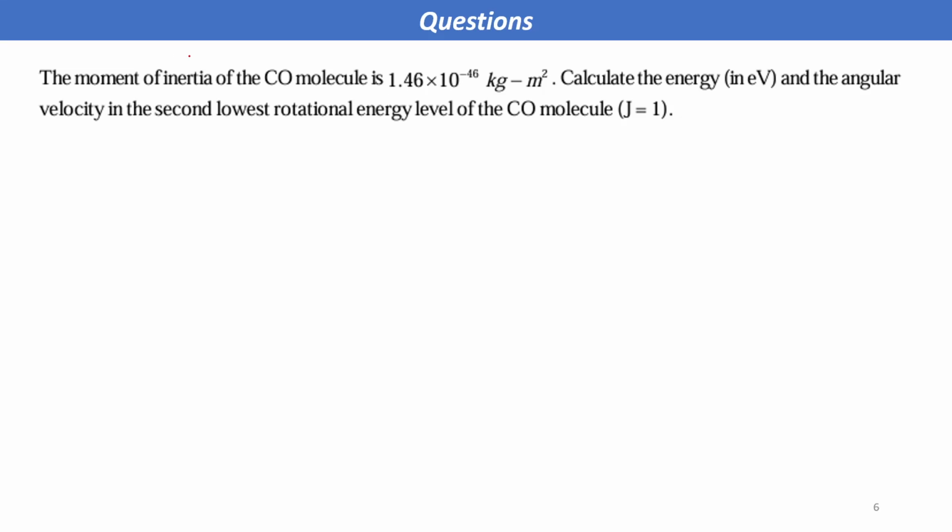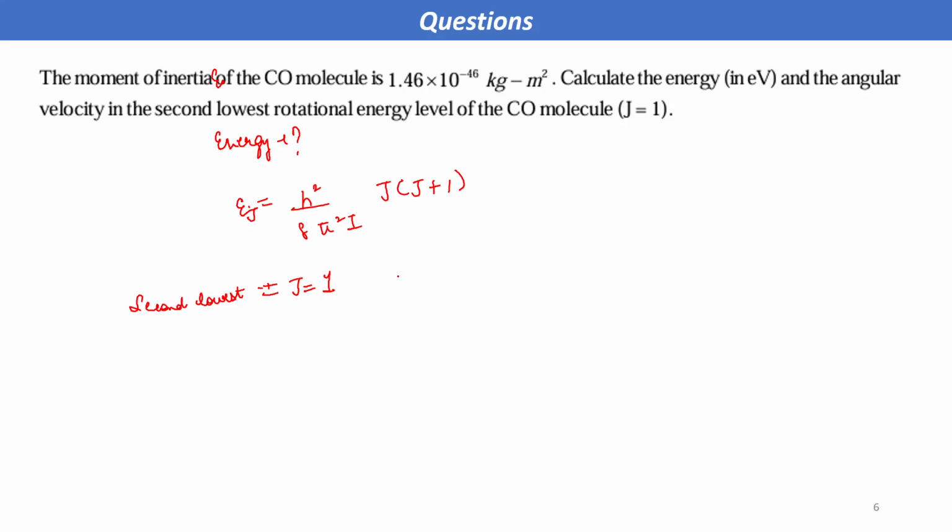So here we have to calculate the energy. We know that the energy of any J level will be equal to h square upon 8 pi square I into J into J plus 1. And now they're asking for the second lowest rotational energy level, so J will be equal to 1.